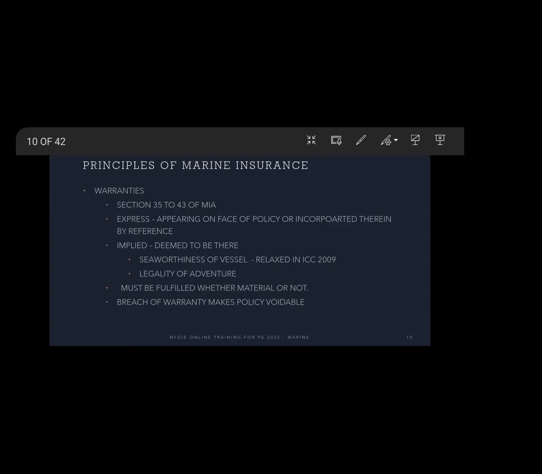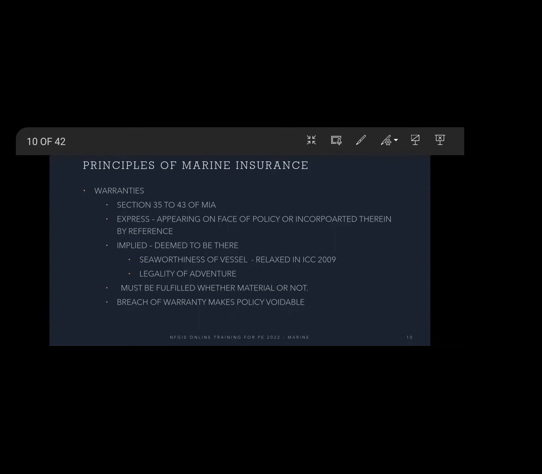When we mean seaworthiness of vessel, what we mean is the vessel should be capable of navigating through the dangerous waters of the sea to its destination. It is not sufficient that the vessel travels. It should be in a seaworthy condition to carry the cargo also.